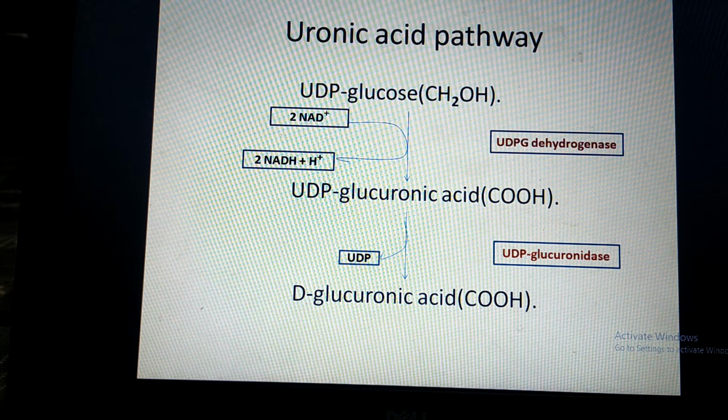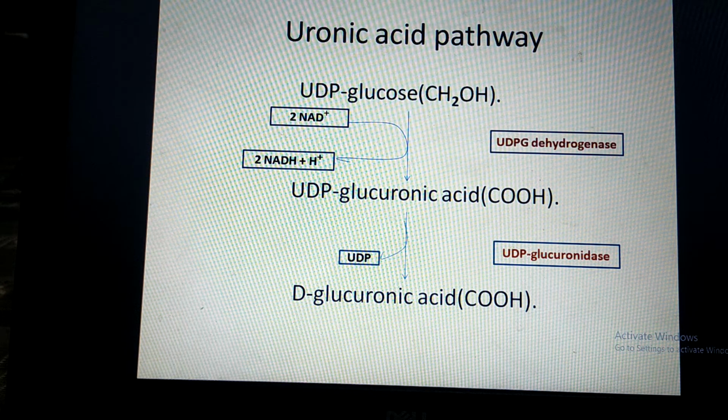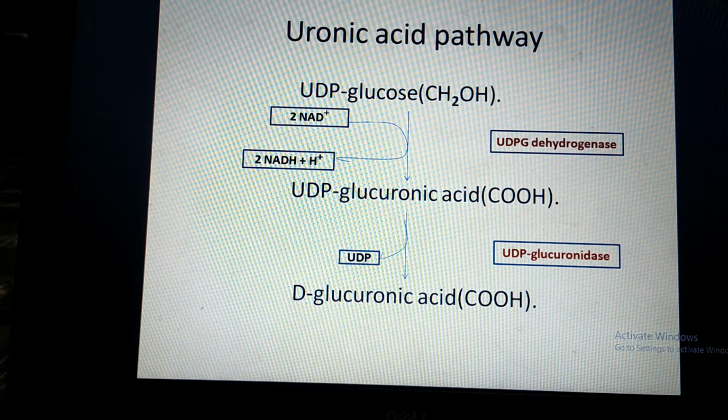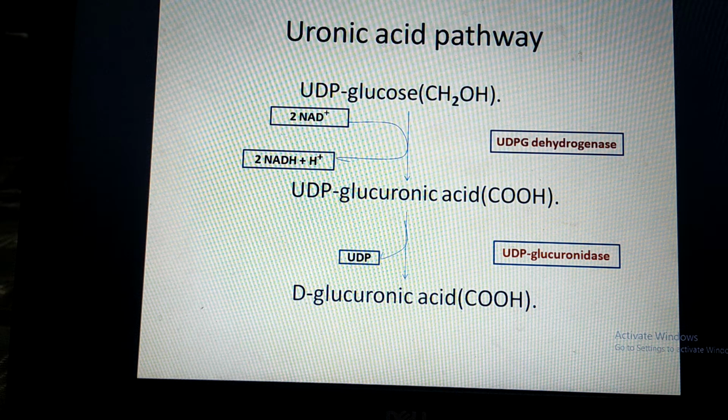Next, UDP glucuronic acid is converted into D-glucuronic acid by removal of this UDP group with the help of enzyme UDP glucuronidase. So this is the uronic acid pathway you have to draw in the exam whenever it is asked as a short note.